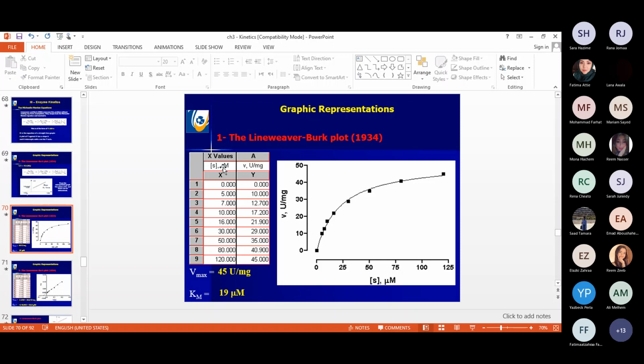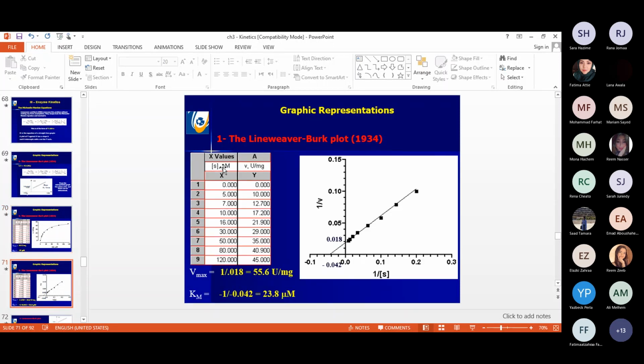If you draw 1 over v as a function of 1 over s and calculate the interception point with the y-axis and x-axis, you can see that the interception with the y-axis equals 1 over 0.018. So Vmax is 55.6 units per milligram and not 45. And minus 1 over Km equals minus 0.042, so Km equals 23.8 micromolar and not 18 micromolar. So the values you obtained previously are wrong. These are the correct values.